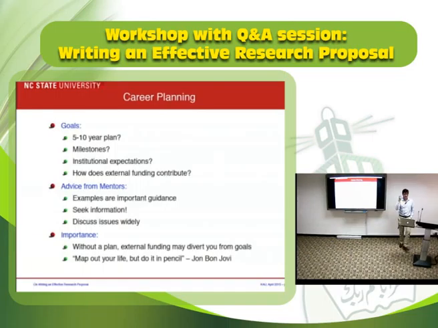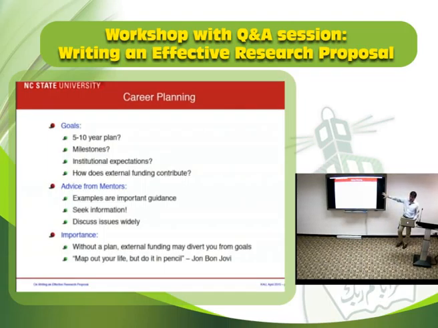So for instance, for a faculty member, a 10-year plan might be, I want to get promoted to full professor, or I want to become an IEEE senior member or an IEEE fellow. And so this is kind of a goal. But then you have to figure out what is the strategy that will take you to that goal.